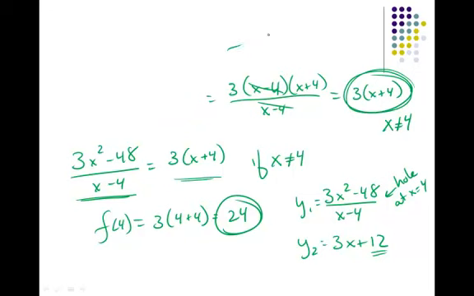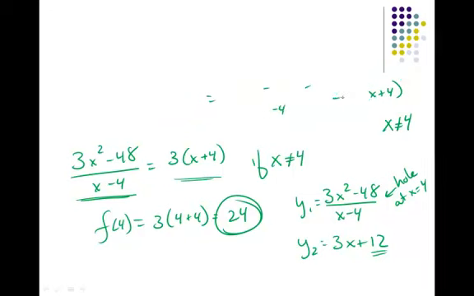Now when we're talking about limits, remember we're talking about what happens when we get really close to something or when we make something very, very small. So my graph, which passes through 12 and has a slope of 3, when we get to 4, there's a hole in it.